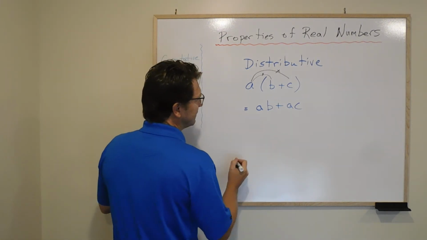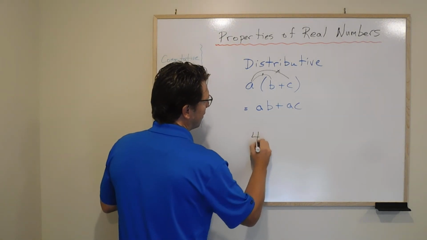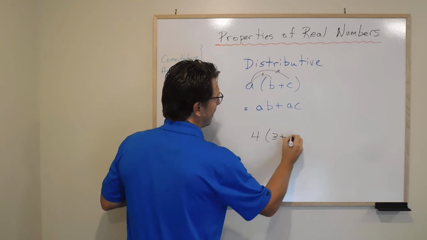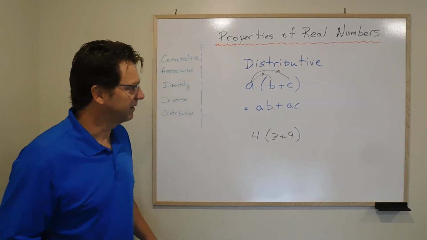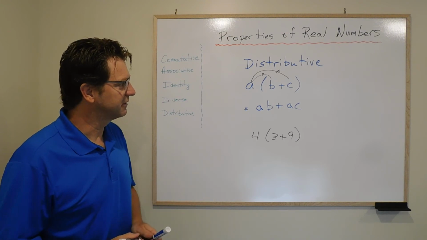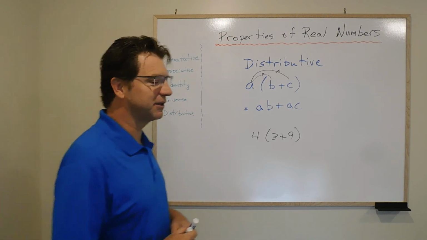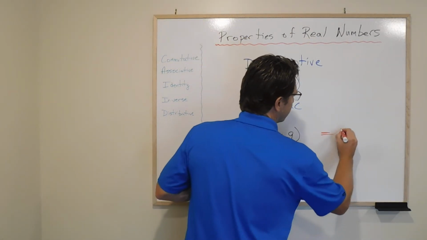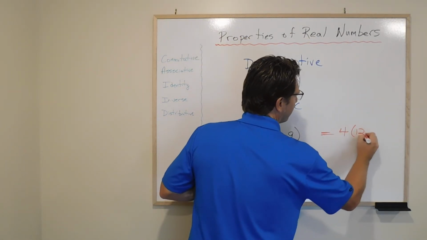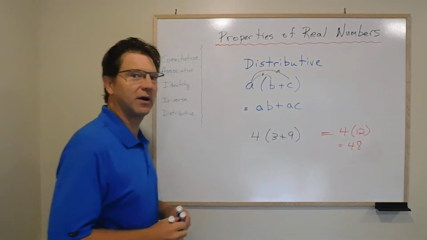If I use just numbers, I'll take 4 times 3 plus 9, right? And you would normally say, well, hold on, I'm going to do brackets first. 3 plus 9 is 12. Okay. We'll do it over here. This would be 4 times 12, and that would be 48. Okay?